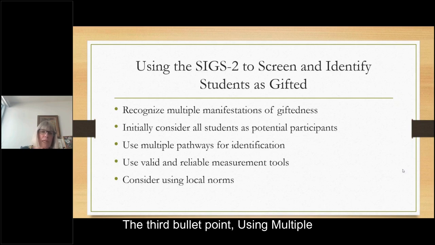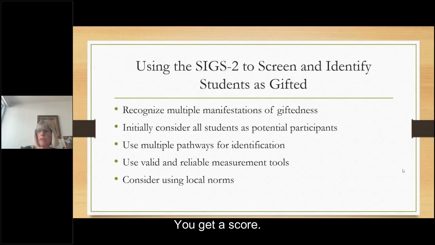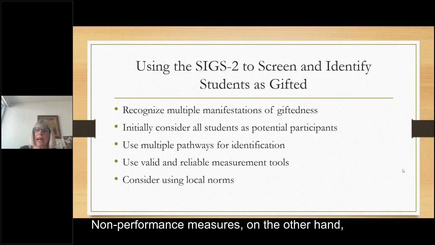The third bullet point, using multiple pathways for identification. Best practices tell us that we should use both performance and non-performance measures. A performance measure lets us see what the performance of the student is. An example would be a mathematics achievement test, or any type of achievement test. The student does something and you get a score.